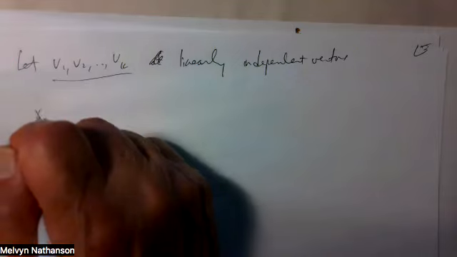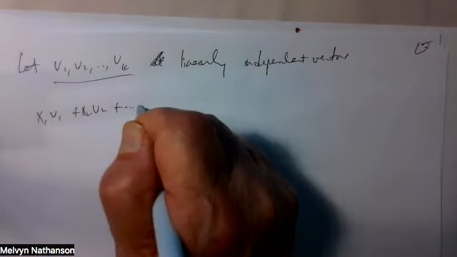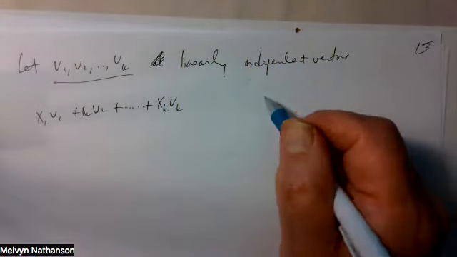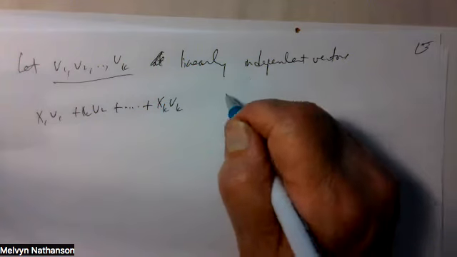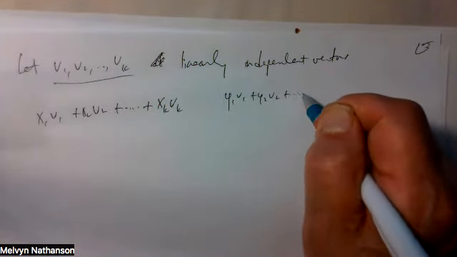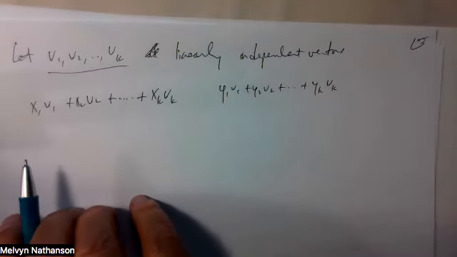So suppose we have some linear combination of these vectors, x1 v1 plus x2 v2, and so forth, up to xk vk. And suppose we have another linear combination of them, y1 v1 plus y2 v2, up to yk vk.